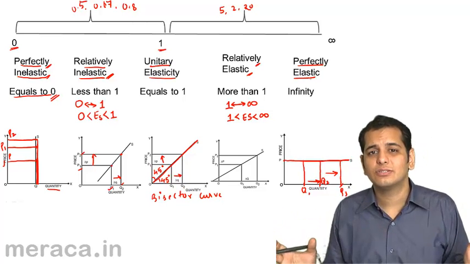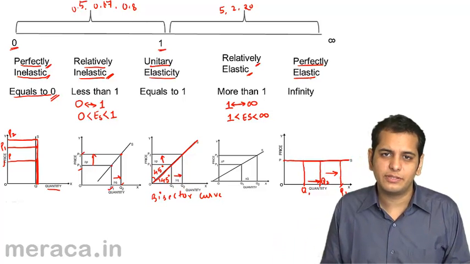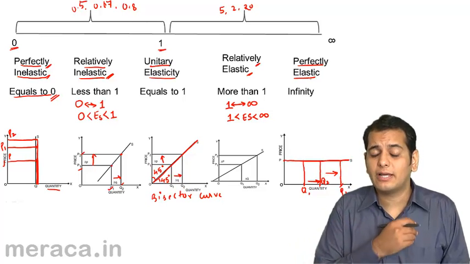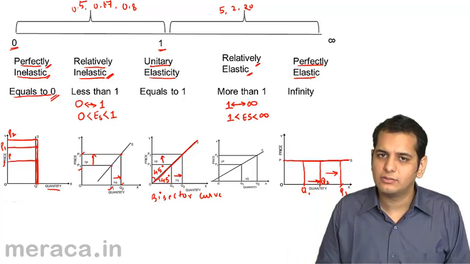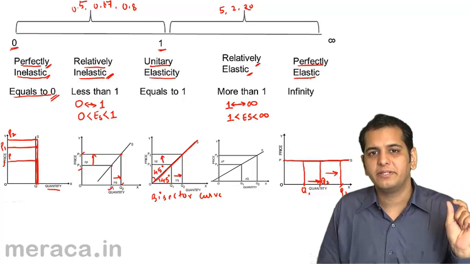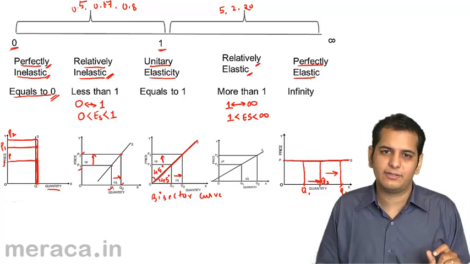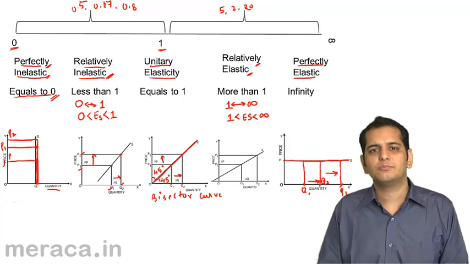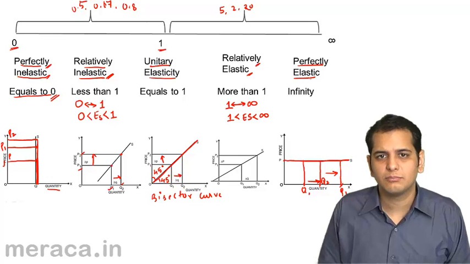It changes even if the price has not changed. That means no change in price brings about an infinite change in supply. That means price is not the factor that is determining supply here, but supply is being changed because of some other factors, some other reasons.